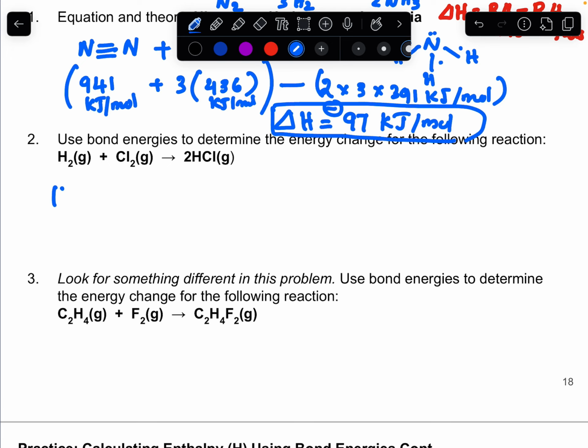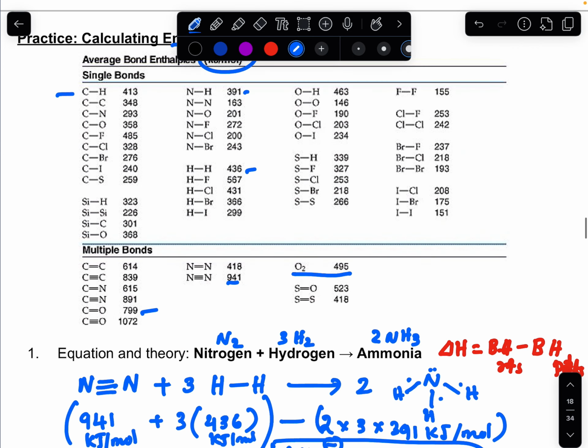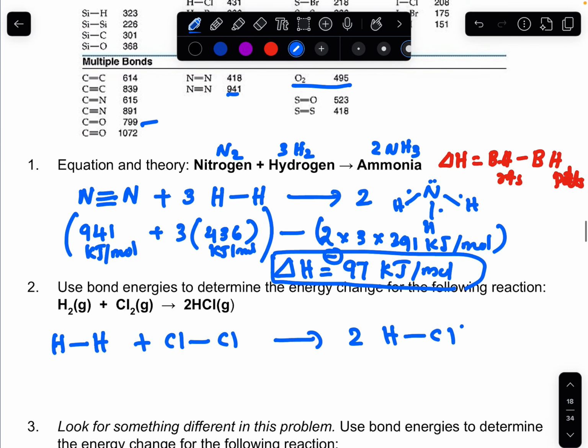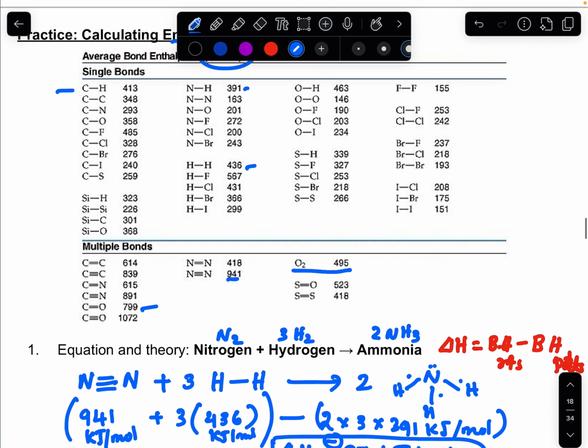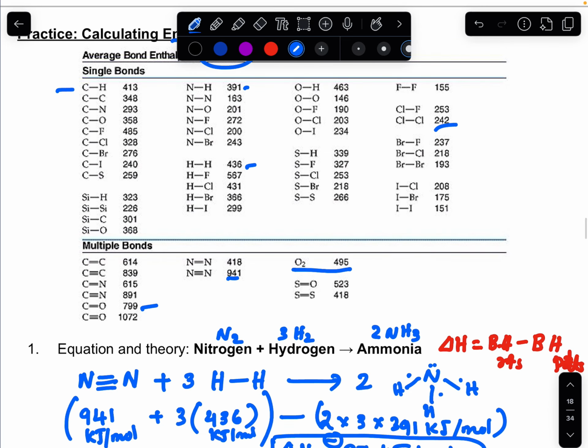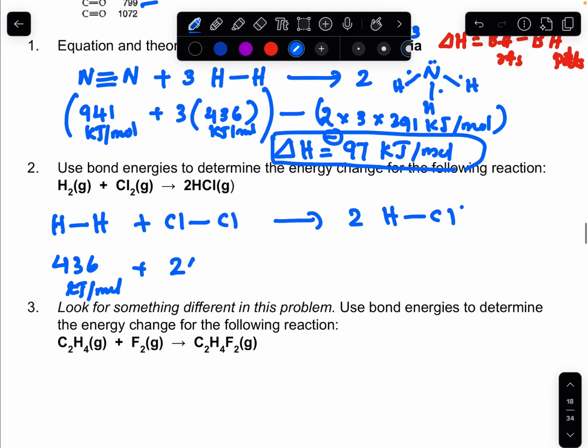Okay, this one says hydrogen. Let's check its balance. Hydrogen plus chlorine giving 2 times HCl, right? Okay, so let's find the value for H-H, which is 436, plus Cl single bond Cl, which is 242.